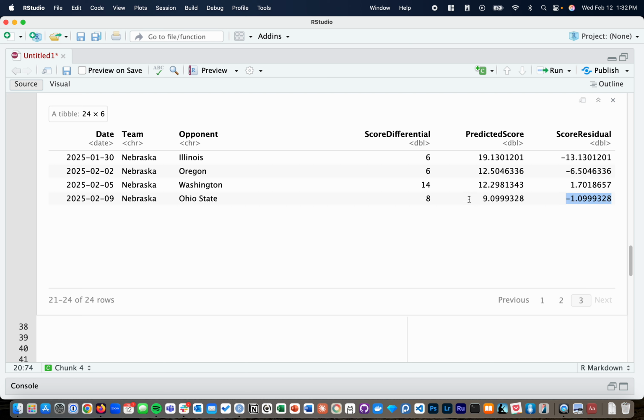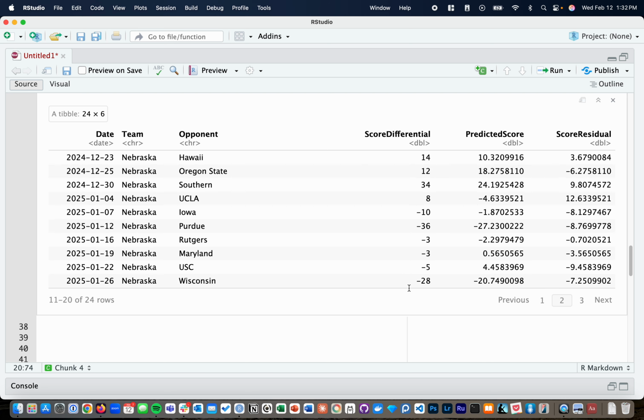I'm sorry, we underperformed against Ohio State. We should have won by 9. Nailed these pretty well. Should have beat Washington by 12 and change. We won by 14. We should have beat Oregon by 12. We won by 6. We should have beat Illinois by 19. We won by 6. So the combination of turnovers and shooting actually does a pretty good job here.